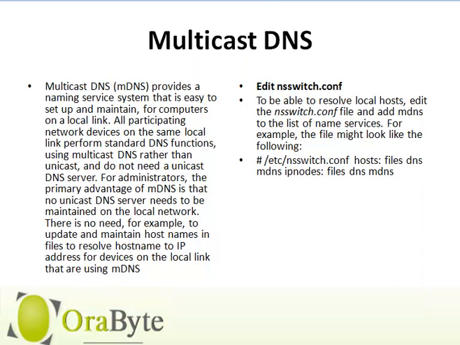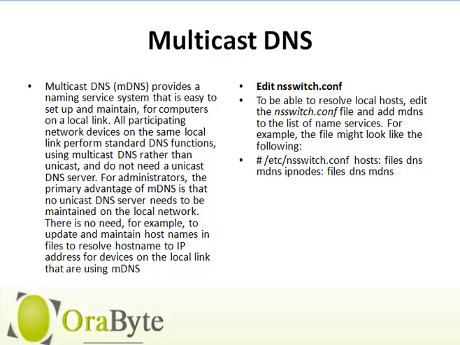Multicast DNS, or MDNS, provides a naming service system that is easy to set up and maintain for computers on a local link. All participating network devices on the same local link perform standard DNS functions using multicast DNS rather than unicast, and do not need a unicast DNS server.